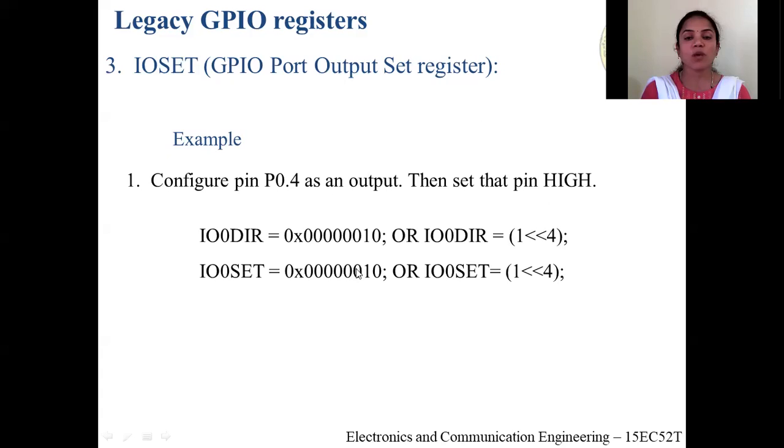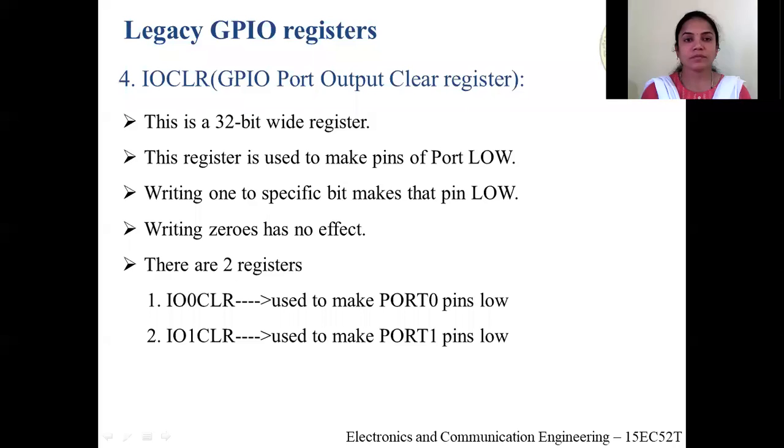If we set 1, the corresponding port pin will be set to high. So here we are saying the port 0 fourth pin acts as the output pin, and by using IO set, we are setting the fourth pin of port 0 high.